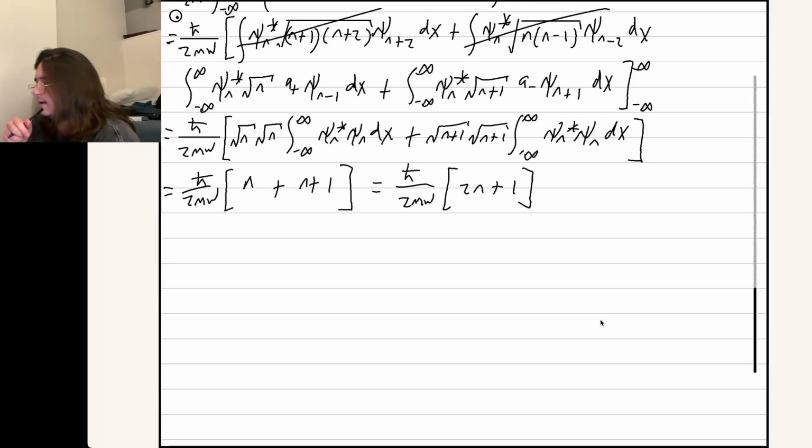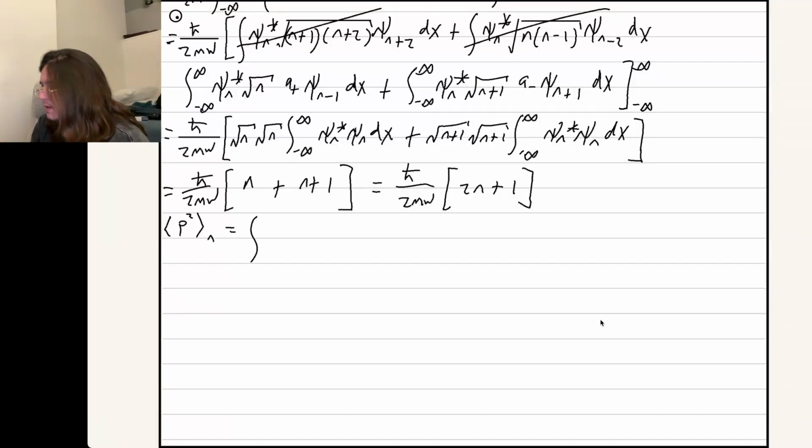Cool. We can look at the expectation value of momentum in much the same way. We'll have the integral from minus infinity to positive infinity of psi n star p squared psi n dx.